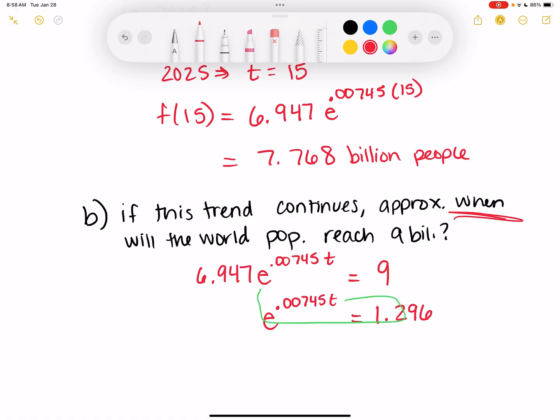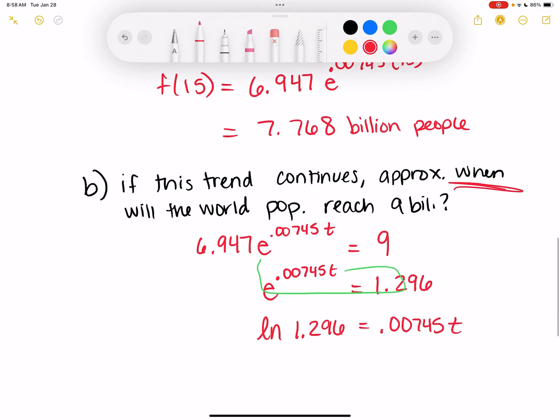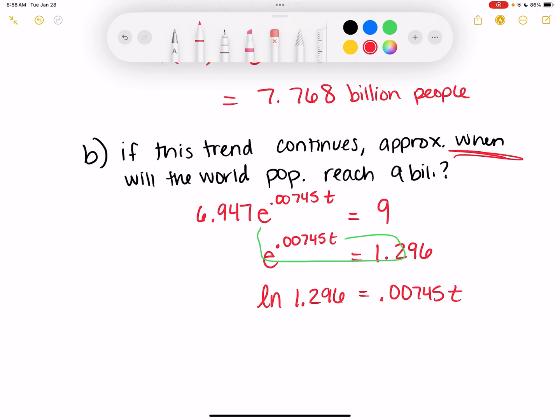So this is going to be the ln of 1.296 equals 0.00745t. So I'm going to divide this number by this. So the ln of 1.296 divided by 0.00745 is 34.803.